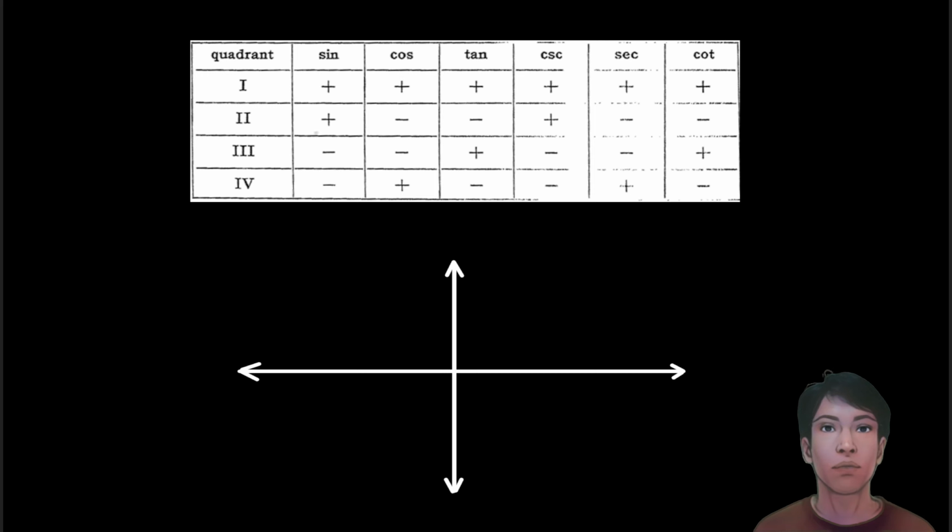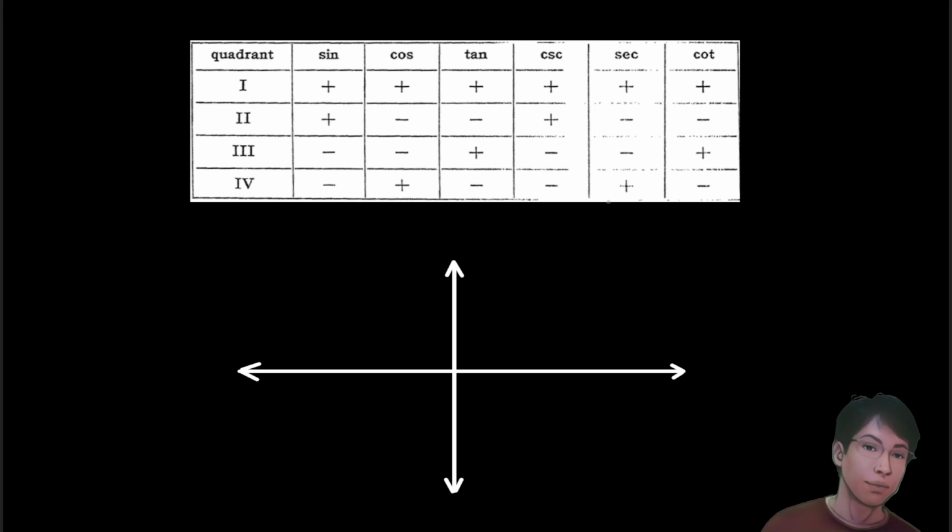Quadrant 2 only the sine and cosecant are positive, the rest are negative. Quadrant 3 only tangent and cotangent are positive. Quadrant 4 only cosine and secant are positive.